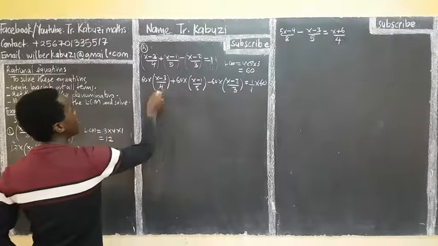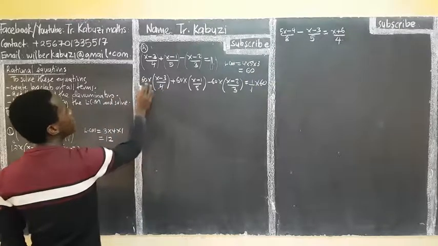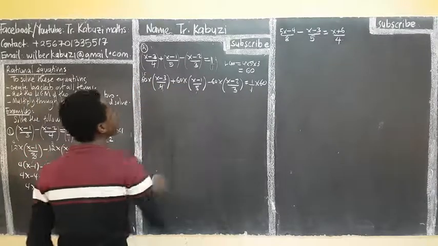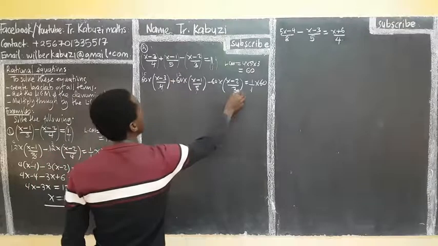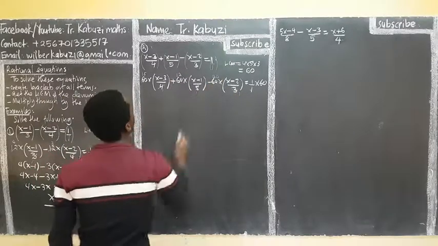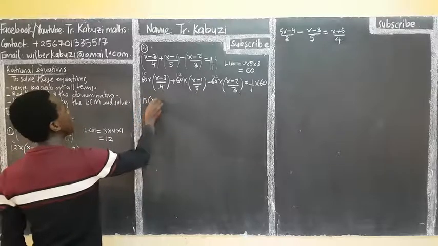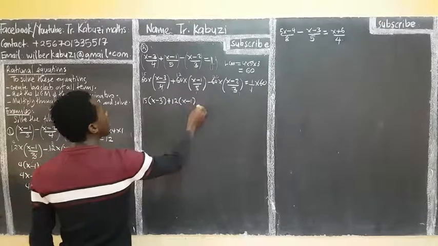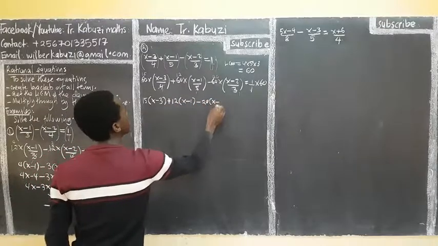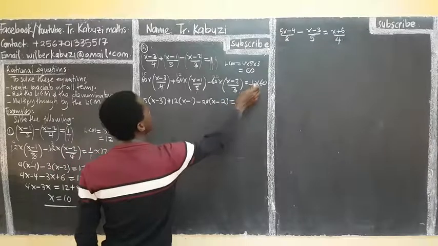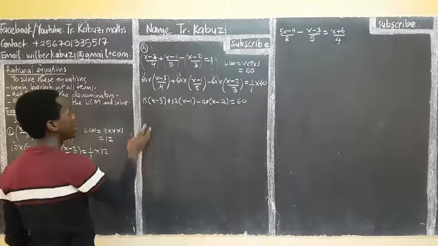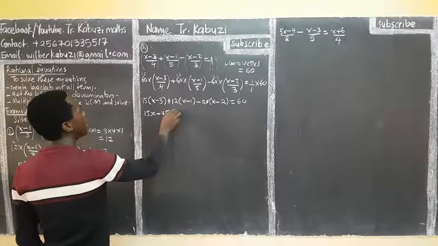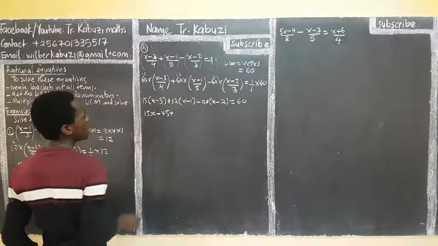So you see by this one, 4 goes here 15 times. 5 goes here, how many times? 12 times. This goes here 20 times. So you have now 15 into x minus 3, then plus 12 into x minus 1, then minus 20 into x minus 2 equaling to 60. Then you open brackets. This time this we have 15x minus 45 plus 15 times 15, that's 45.